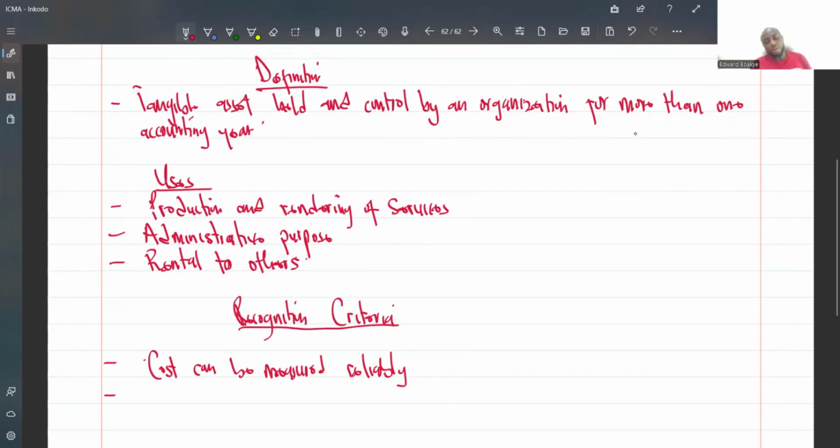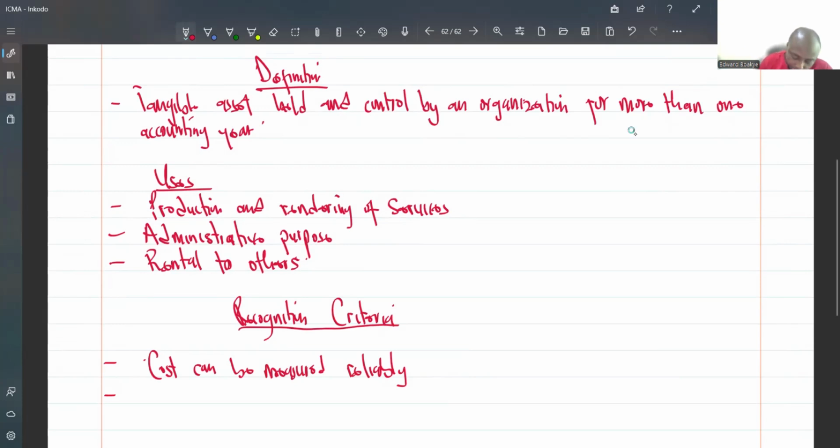And also, we are talking about the fact that it should be able to accrue income or generate income to us, the entity, an inflow to the entity. So it is probable that economic benefit flows from it to the entity.